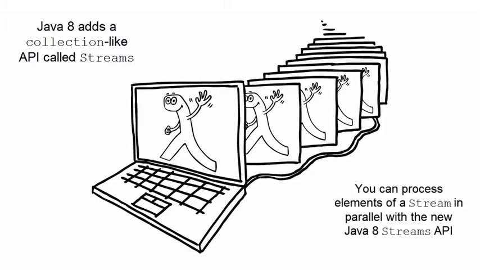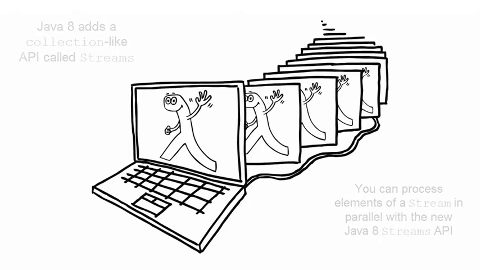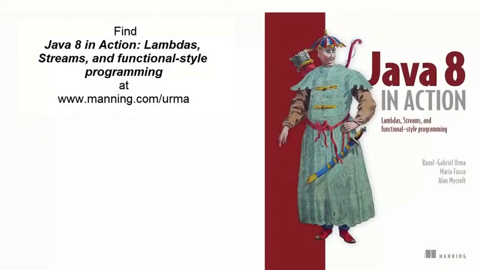For example, map and reduce, along with methods to convert between collections and streams. Well, turns out many of these operations can be parameterized with lambda expressions. In our next video, we'll explore how the Streams API allows and encourages the elements within a stream to be processed in parallel.